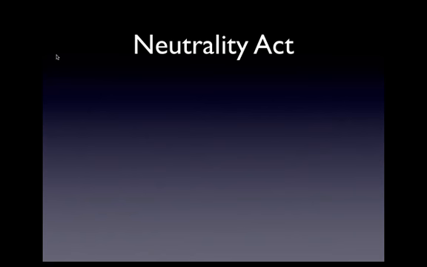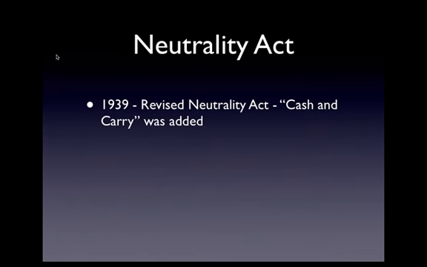So we had a Neutrality Act set up, and we revised it to include a cash and carry policy. That means that nations would buy American arms, weapons, and military goods as long as they paid cash and carried them home in their own ships.